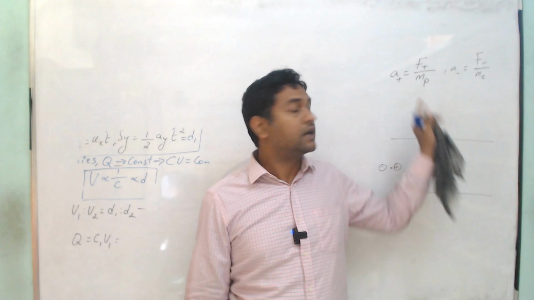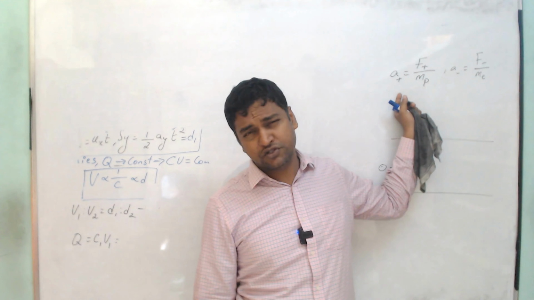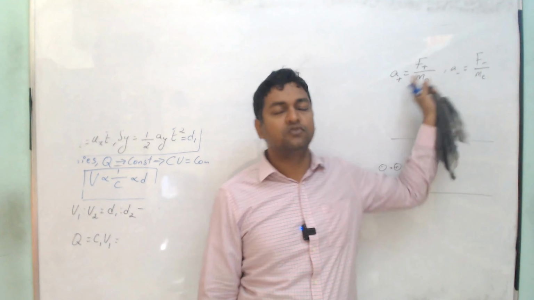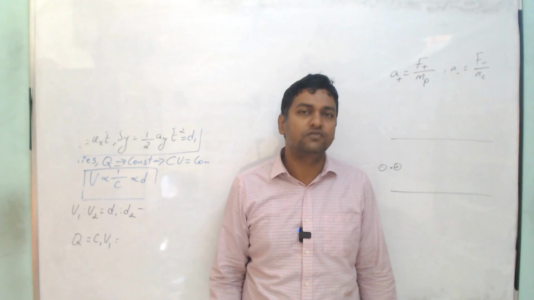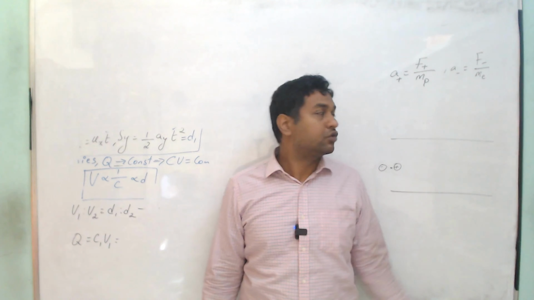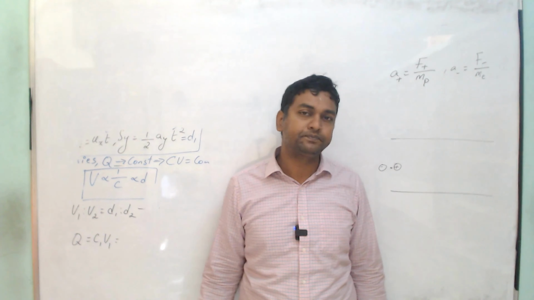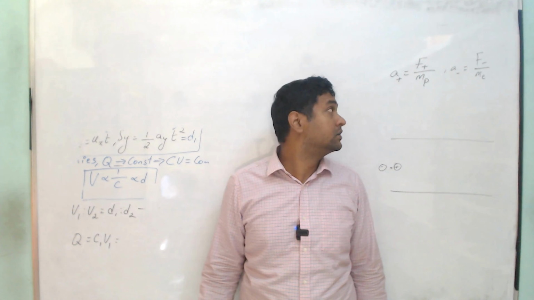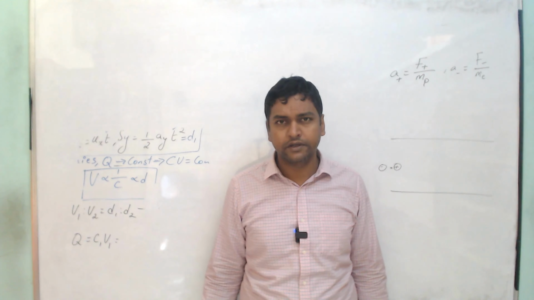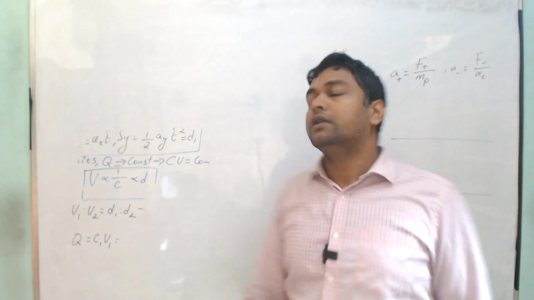Acceleration on the positive charge is force on the positive charge divided by the mass of the proton. Acceleration on the negative charge is force on the negative charge divided by mass of the electron. Clear?